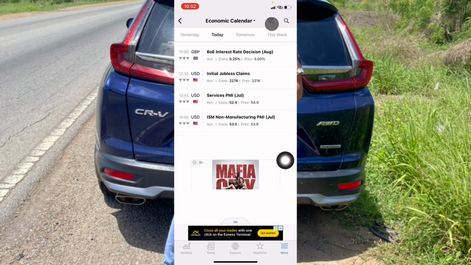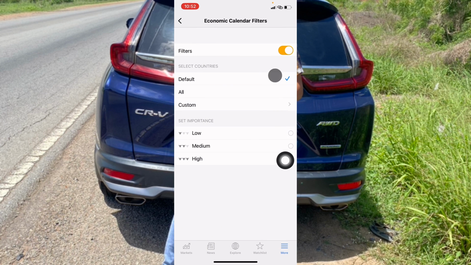You can click on the filter button here and select default. These are the 3 countries, or you can go for 4 countries: Great Britain, Germany, United States, and also Australia. If news are coming out of these countries and they have 3 bulls attached to them, don't trade or don't over leverage. Wait for the news to be over before you trade.